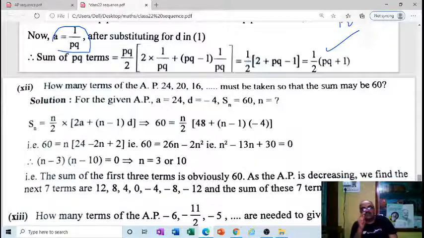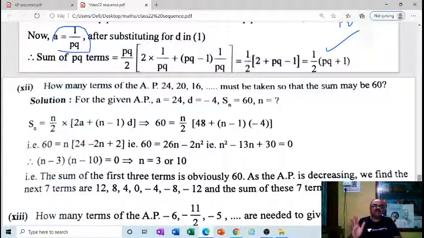You may ask me, sir, do I have to do all these things to get that answer when I can see that answer? If that is seen by you, friends, I'll tell you, nothing like it. If you see 24, 20, 16 gives the answer as 60, and that gets into your eyes and you say it is 3 terms, you can go with it.